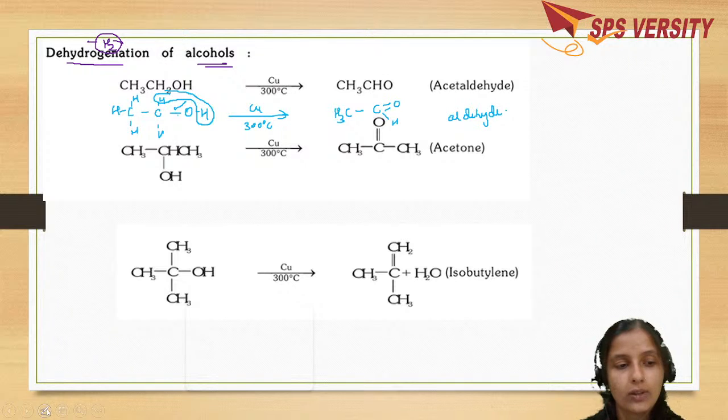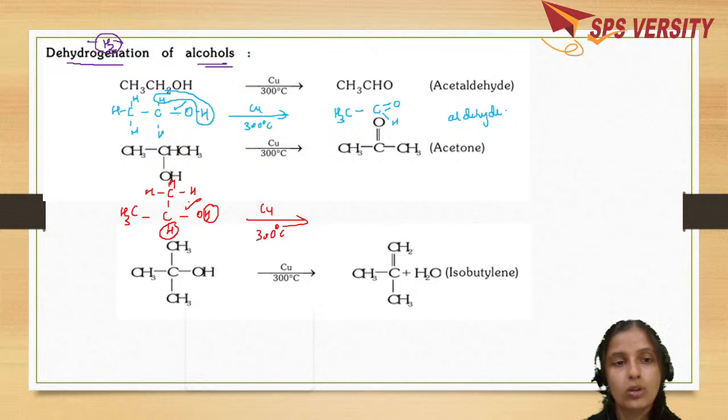Again, the primary alcohol, just like in the previous reaction, resulted in the formation of an aldehyde. If you take the secondary alcohol, that's CH3, CH3, OH and an H, and you do the same reaction, when it is heated with copper at 300 degrees Celsius, one hydrogen from here will go, one hydrogen from here will go.